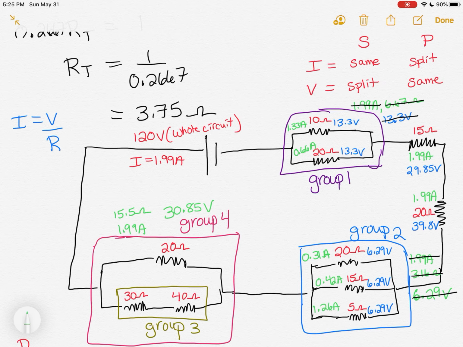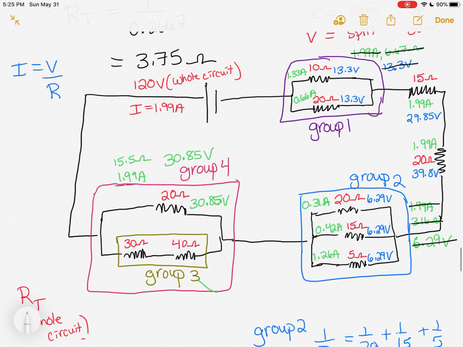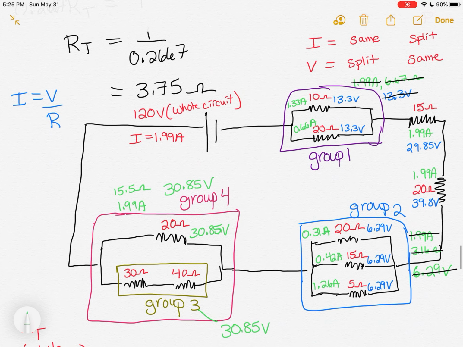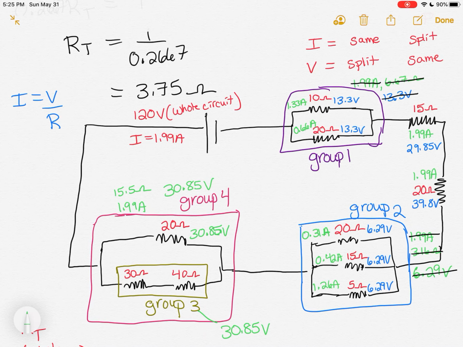So in parallel, we know that our voltage is the same. Okay, so that means that we have a voltage up here of 30.85 volts and a voltage in group 3 also of 30.85 volts. Okay, our current has to be split, and so we can use our formula to find the current through the 20 ohm resistor.